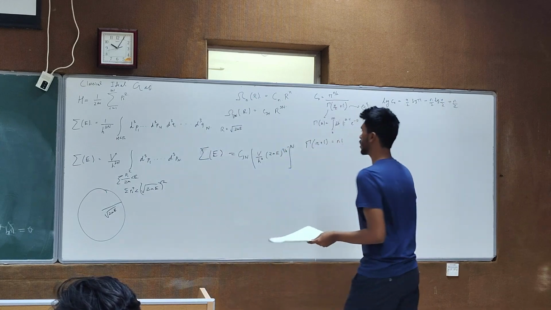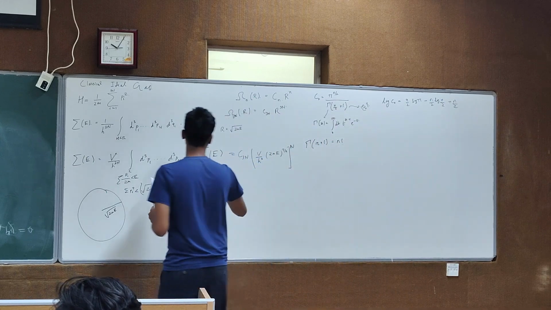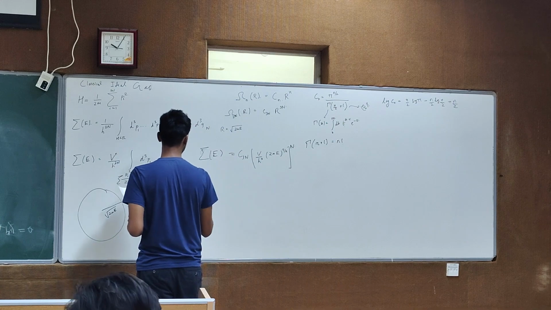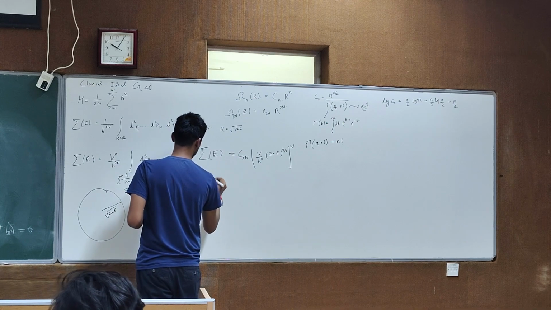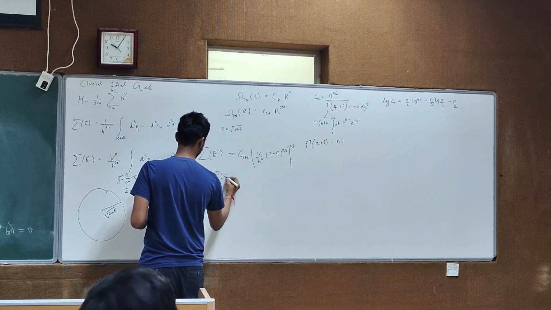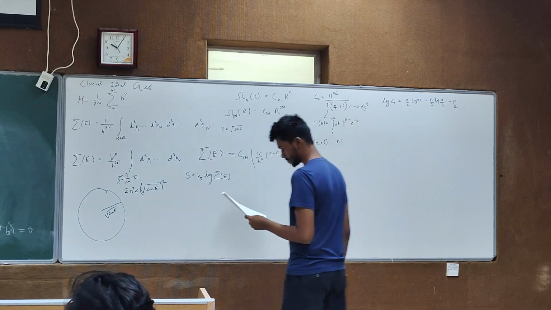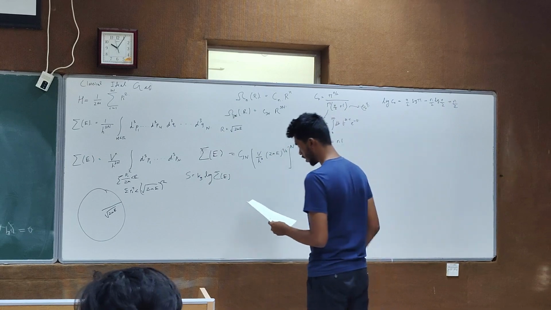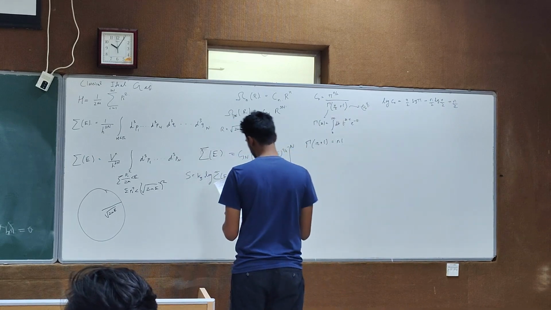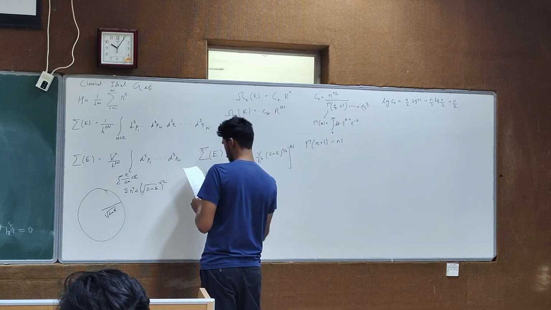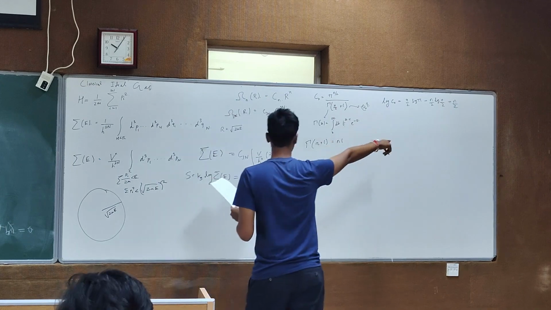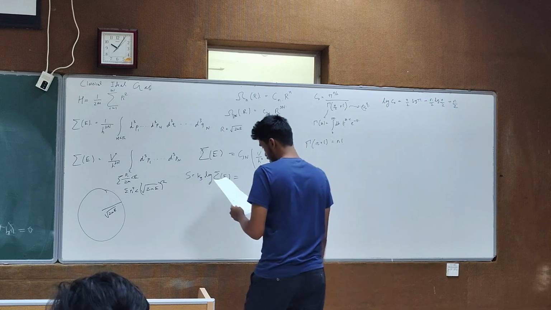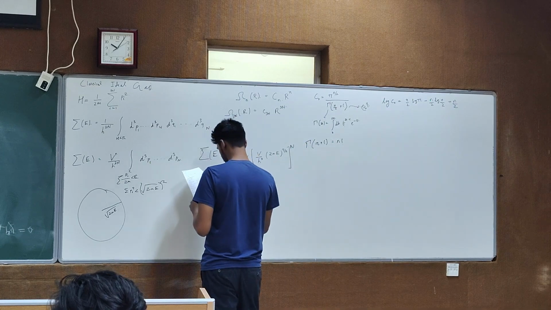So I can take a log of this expression and multiply by k_B. And if you do some manipulation, by substituting 3N over there, you will basically get this.